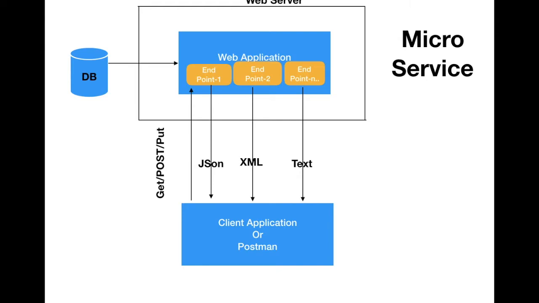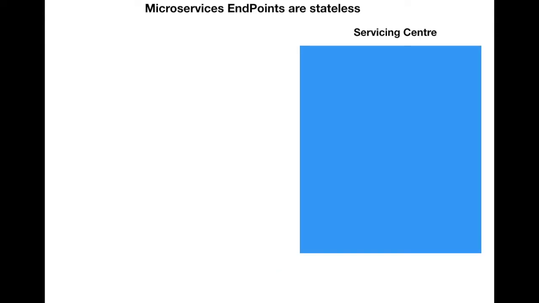Now the authorization, why we need it, let us explain. Suppose in a real life scenario, we have some kind of servicing center for different services whichever we are getting. There are different servicing centers and there are different consumers.